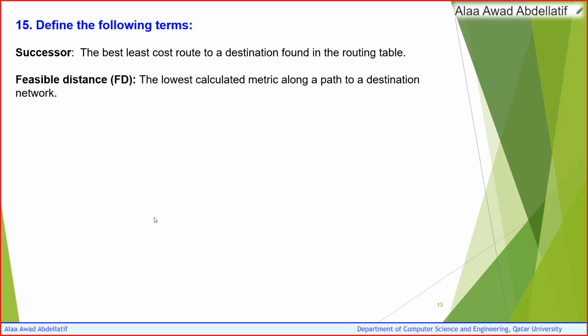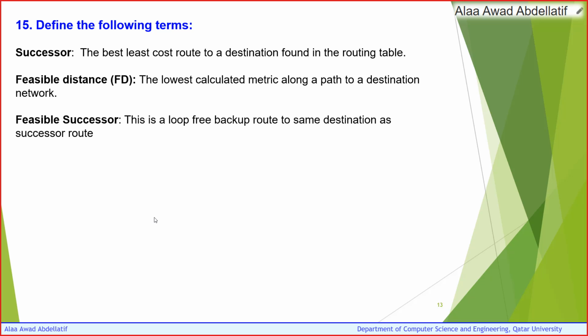Feasible distance is the lowest calculated metric along a path to a destination. So the lowest calculated metric in any path, we name it the feasible distance, or the lowest cost or lowest calculated metric along this path. The feasible successor is the loop-free backup route to the same destination as the successor route.